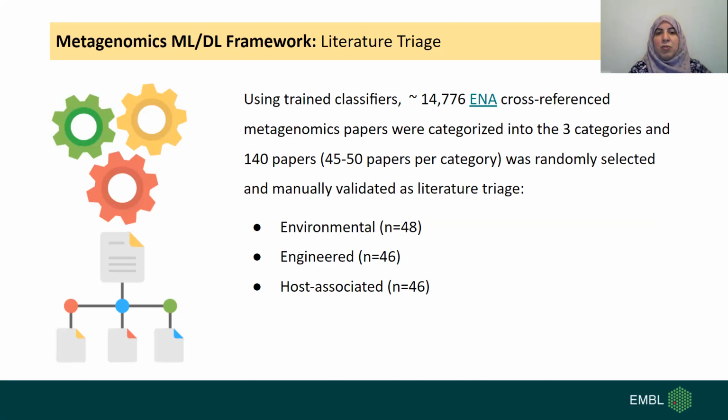I retrieved new metagenomic papers by linking ENA metagenomic studies to Europe PMC. I retrieved around 14K ENA cross-reference metagenomic papers, categorized them into 3 categories, and selected a random subset of 140 papers that cover all the classes equally. And I manually validated this subset as a literature triage.